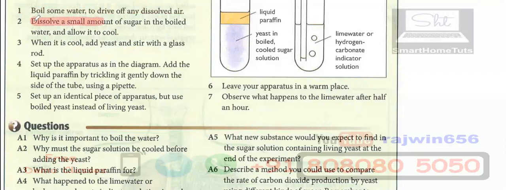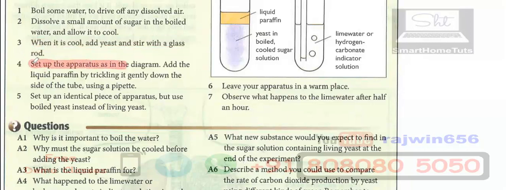Then dissolve a small amount of sugar in the boiled water and allow it to cool. The sugar is going to be the food substrate which is going to undergo anaerobic respiration. When it is cool, add yeast and stir with a glass rod. This yeast is going to give us the enzymes, the biological catalyst which is going to carry out this process.